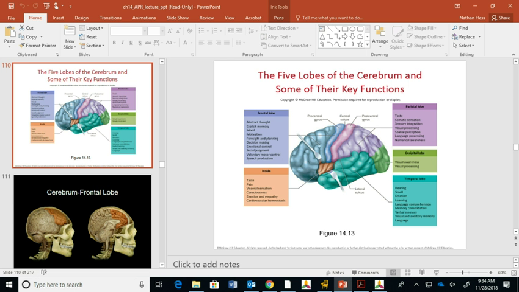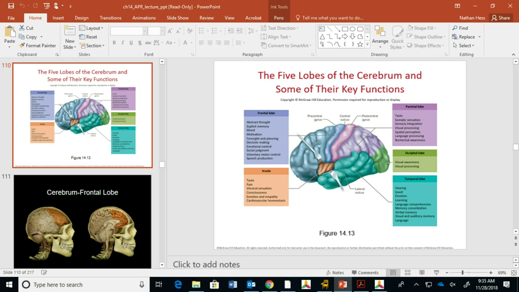It significantly affected his personality, affected his function. Eventually he died, but not because of this. That injury was not what killed him. He lived a number of years after that. Amazingly, yeah.